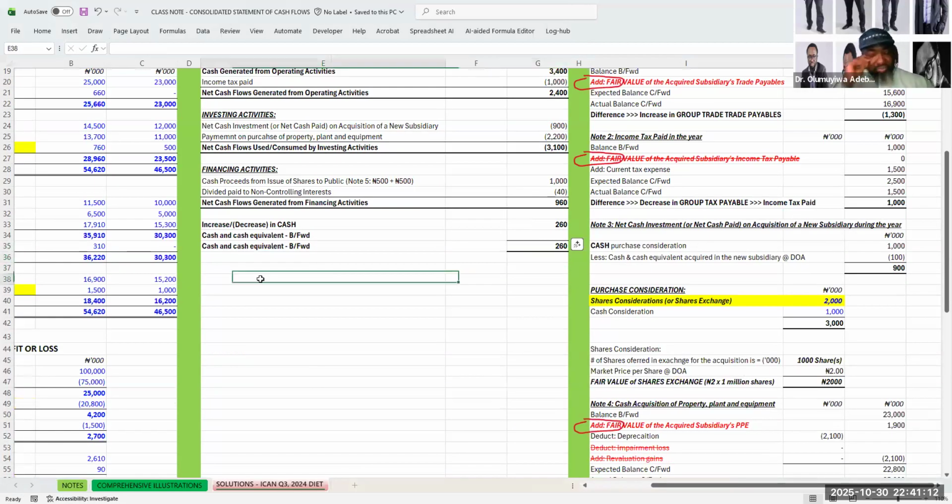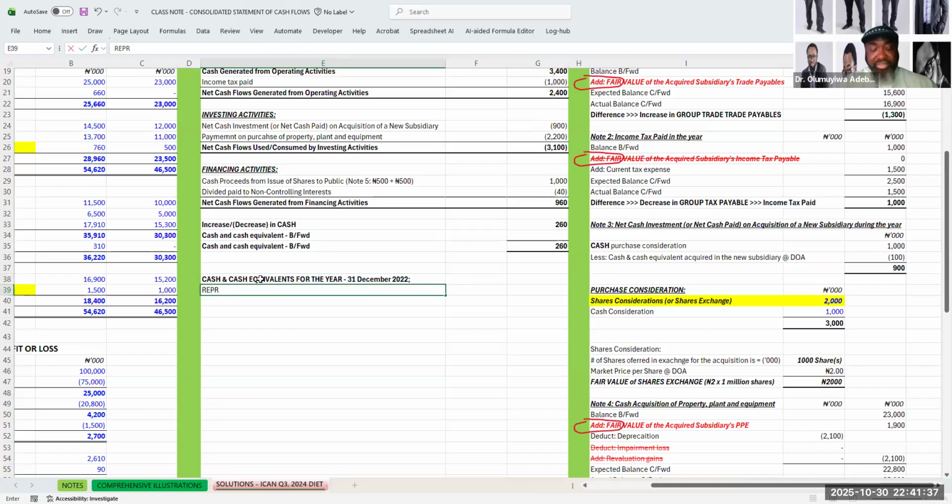I'll call it cash and cash equivalents. For the year, I'll put the date, 31st December 2022, represented by now 2022, 2021. All figures in 1,000.